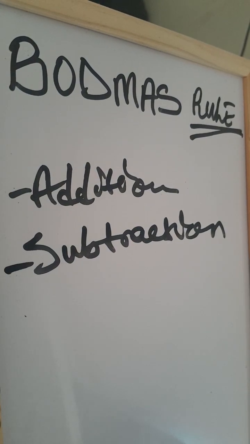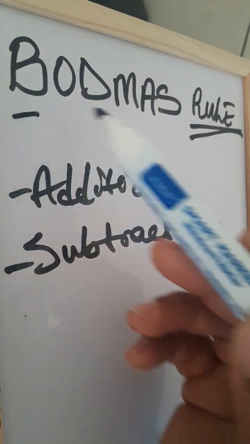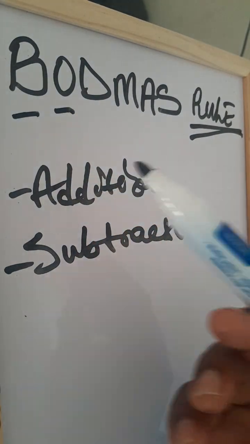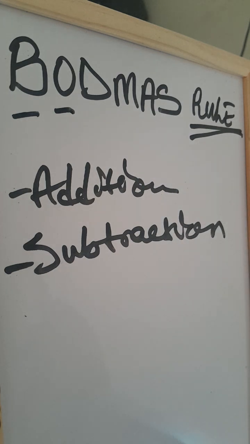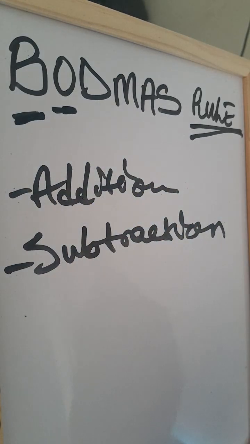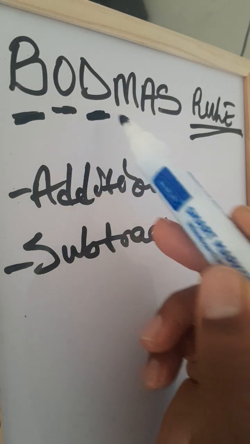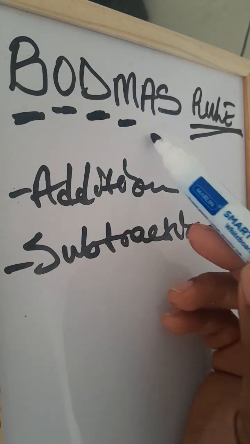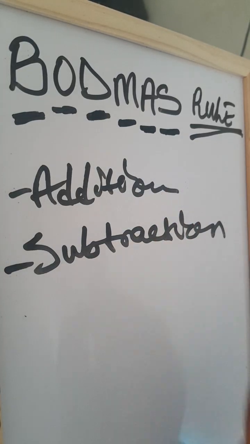That is basically what BODMAS is talking about. So this is your bracket, your order, where we talk about brackets and braces. We talk about exponents and square roots. That's where we talk about the order, brackets. And then we talk about divisions, then multiplications, addition, subtraction.